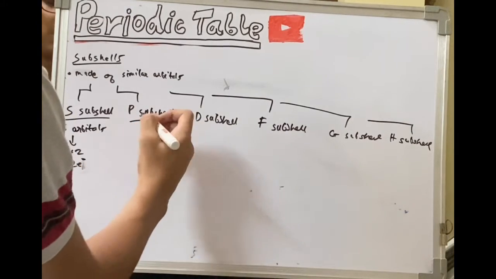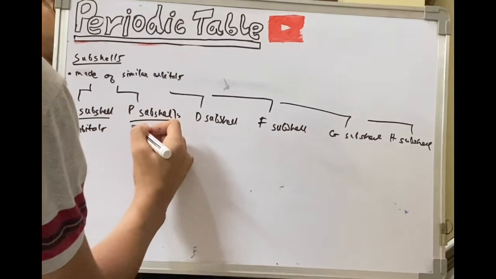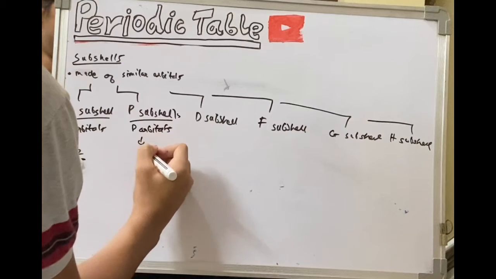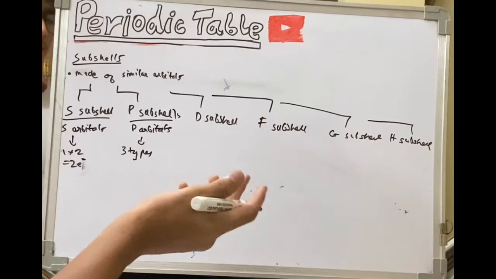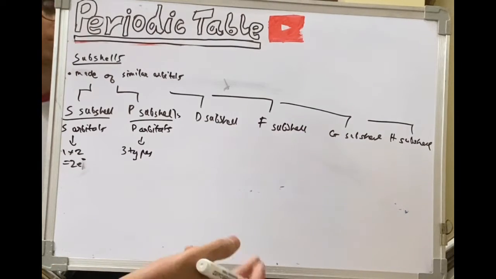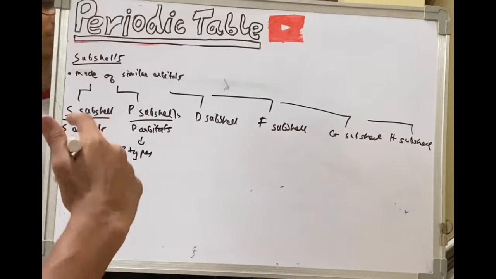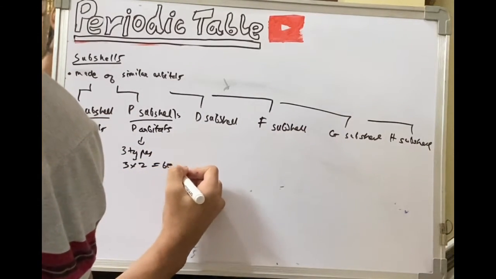And the P orbitals come in 3 types. Hence each type carries 2 electrons, so the maximum number of electrons that a P subshell can carry will be 3 into 2, that is equal to 6 electrons.